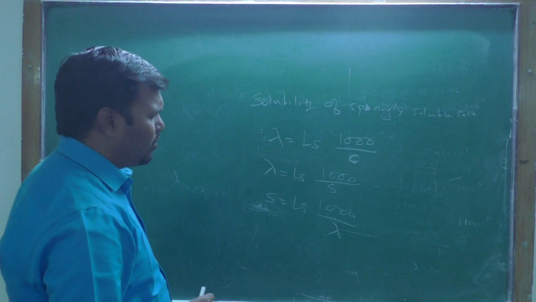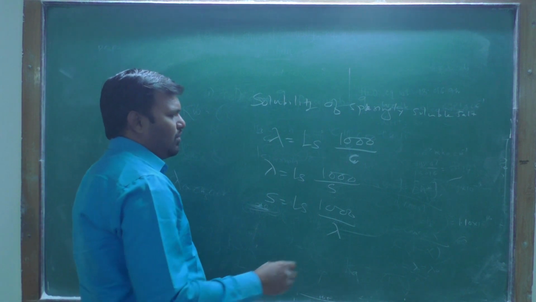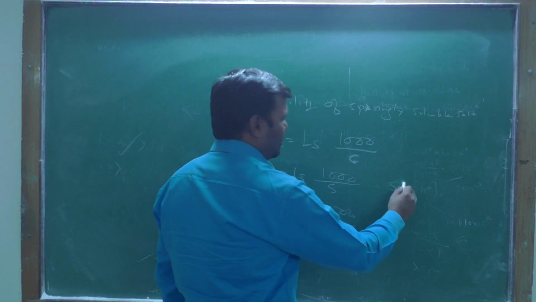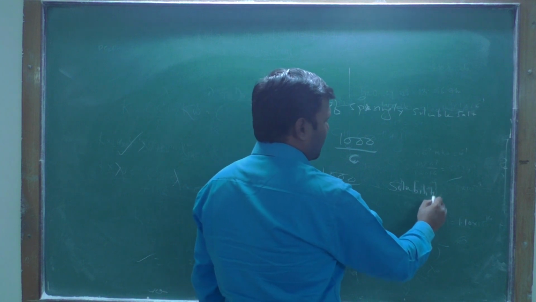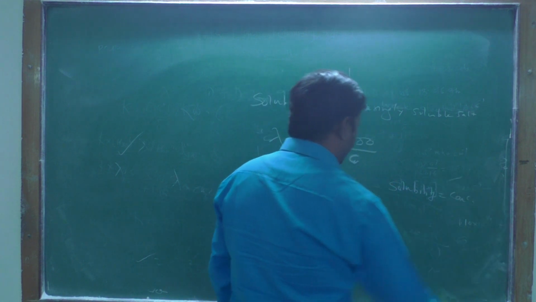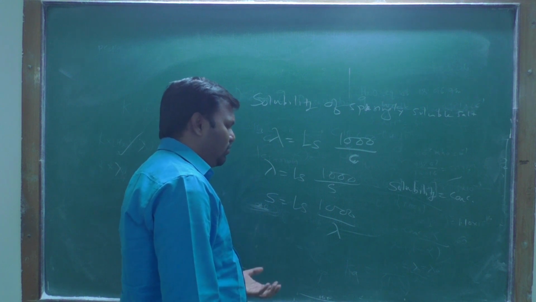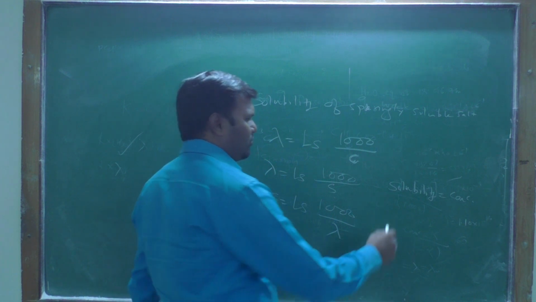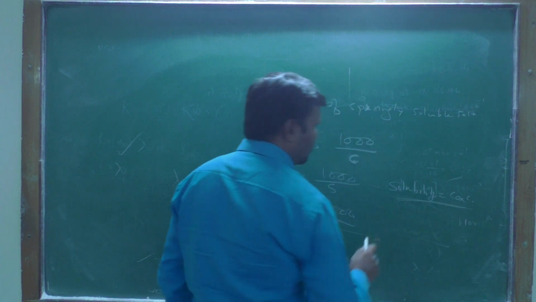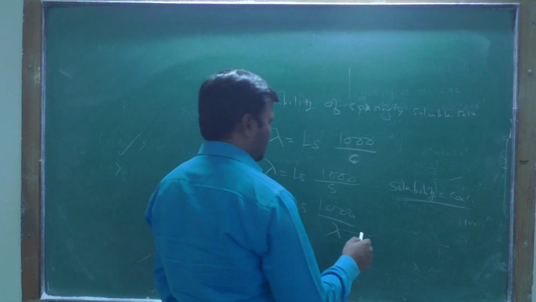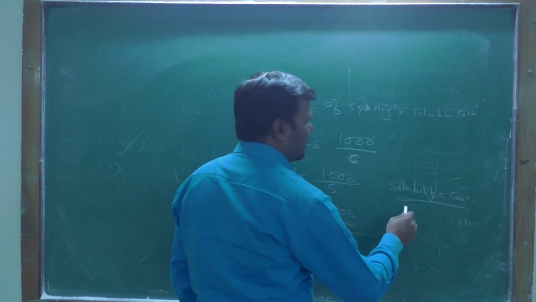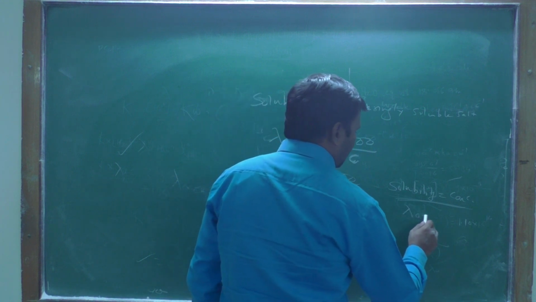Therefore total dissolution takes place, and solubility is equal to concentration for the sparingly soluble salt. When the salt is totally dissolved, lambda becomes equal to lambda 0.